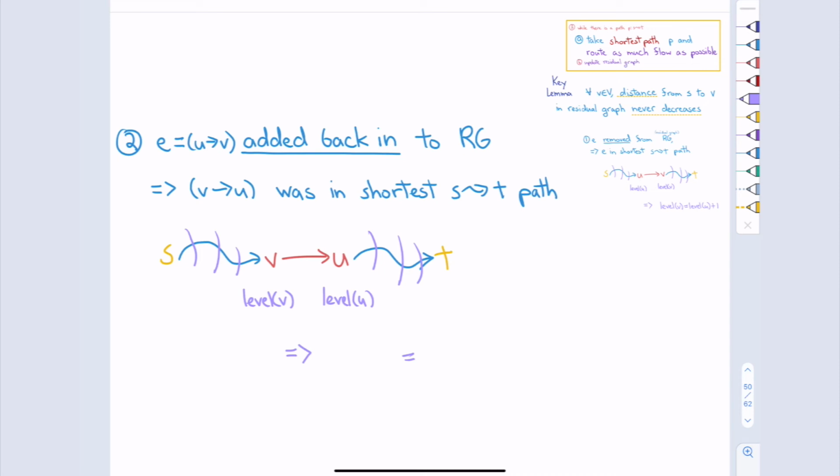So that means right before E reappeared and the opposite edge appeared in the shortest S to T path, I knew that U was 1 layer closer than V.